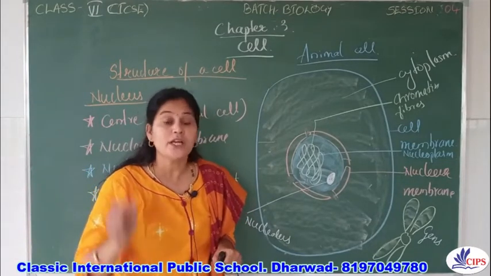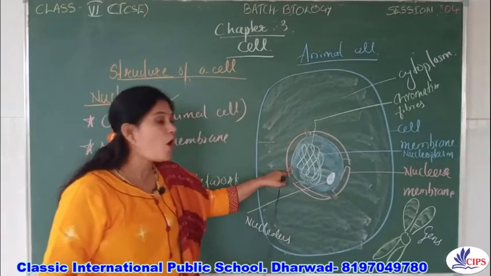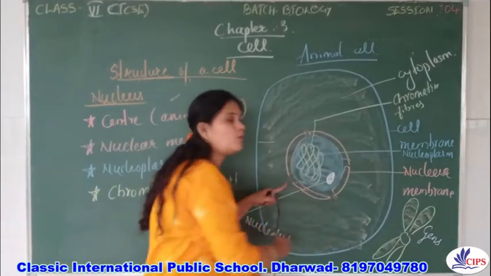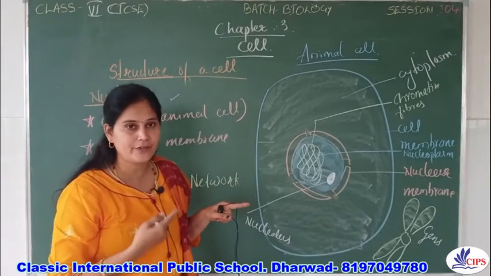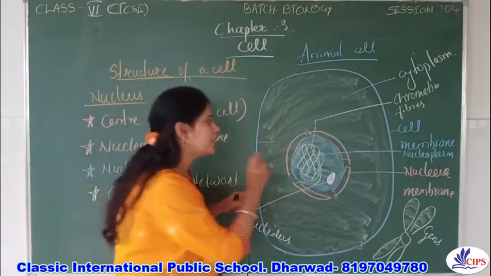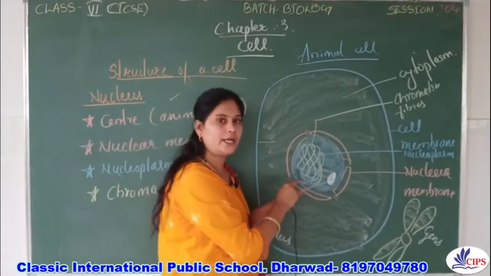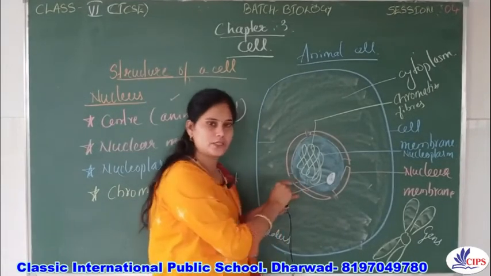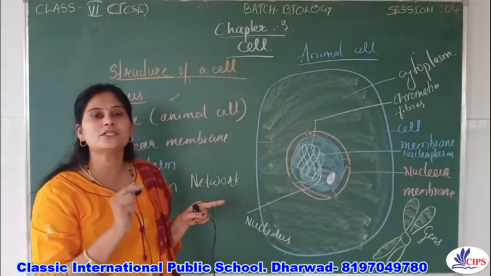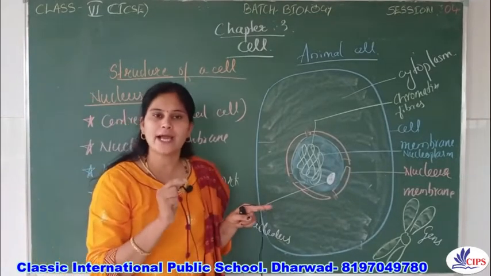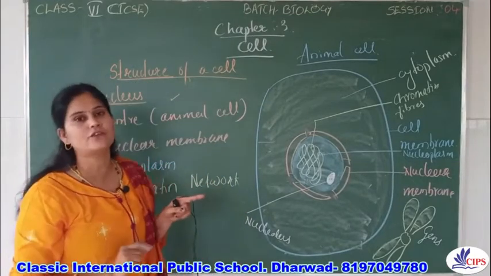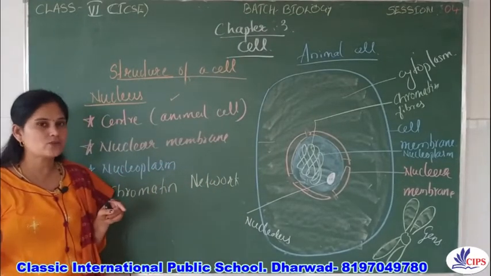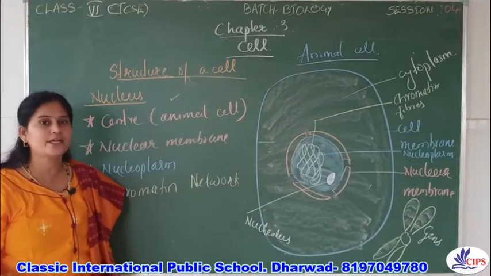Headquarter of the school. In the same way, all the metabolic activities of the cell will be controlled and coordinated by the nucleus. That's why the nucleus is called either the headquarter of the cell or the brain of the cell. Why is it called the brain of the cell? You can guess it easily.